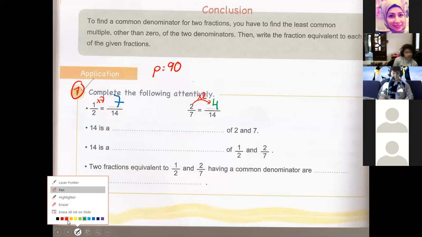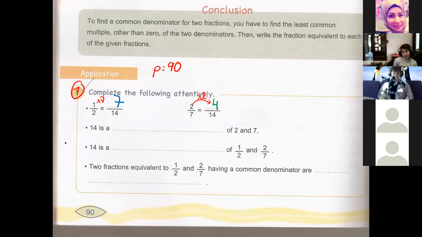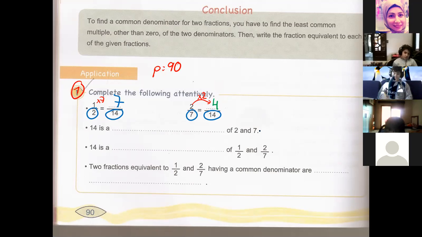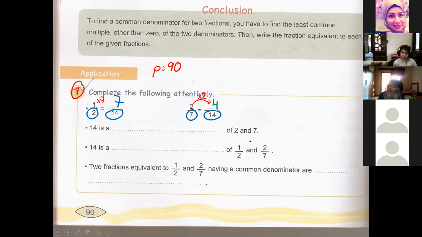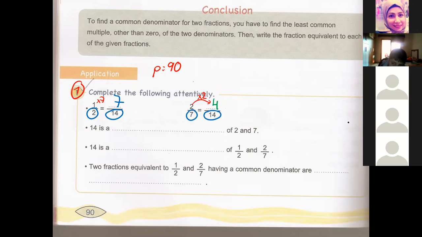Now, 14 is a... What can we say about 14? Look at 14 with respect to 2 and 7. The common denominator. With respect to 2 and 7, with respect to the numbers, not to the fractions. What can we say about 14?